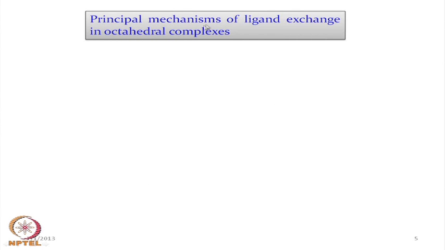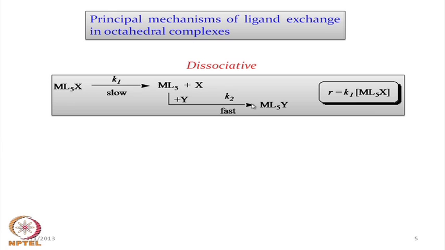So, the principal binding mechanism, that means the mechanism for the ligand exchange in octahedral complexes, we can have therefore, the dissociative one, where we have seen already, that is the K1, and the reverse of this we can consider as K minus 1, and when it is only a dissociative one without involvement of the Y, the rate is straightway dependent on K1 times ML5X.